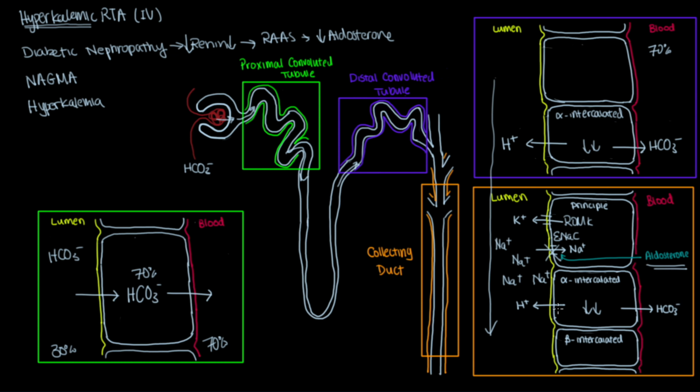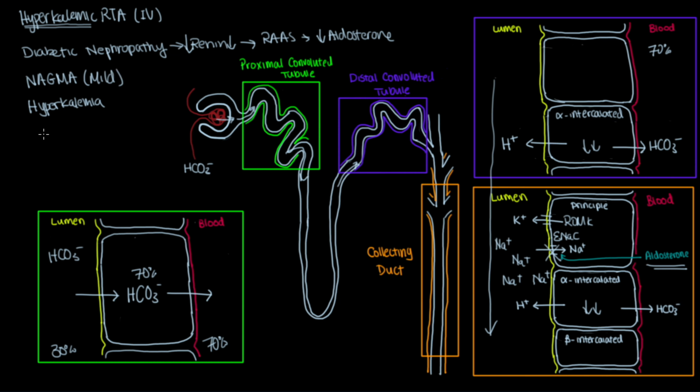However, it's not to the same extent as when we had an impairment with the alpha intercalated cells. What that all means to say is that although the bicarb reabsorption here and the acid secretion is reduced from normal, it's not that reduced. So the non-anion gap metabolic acidosis is actually more of a mild form.